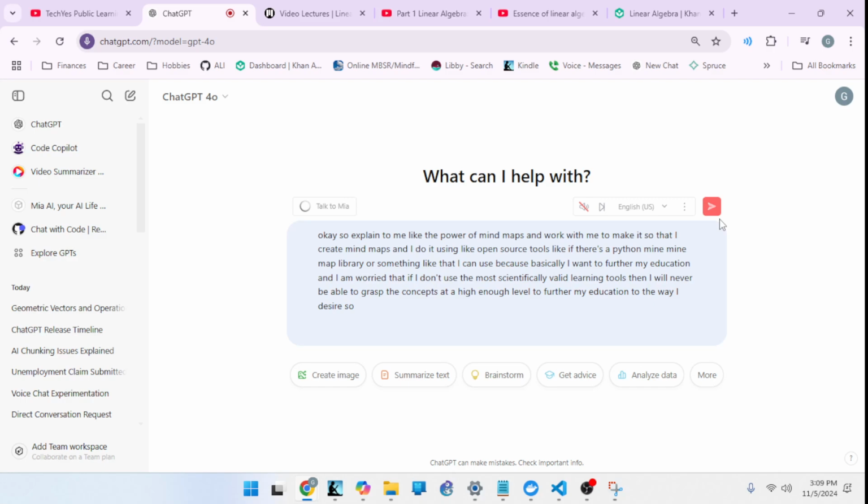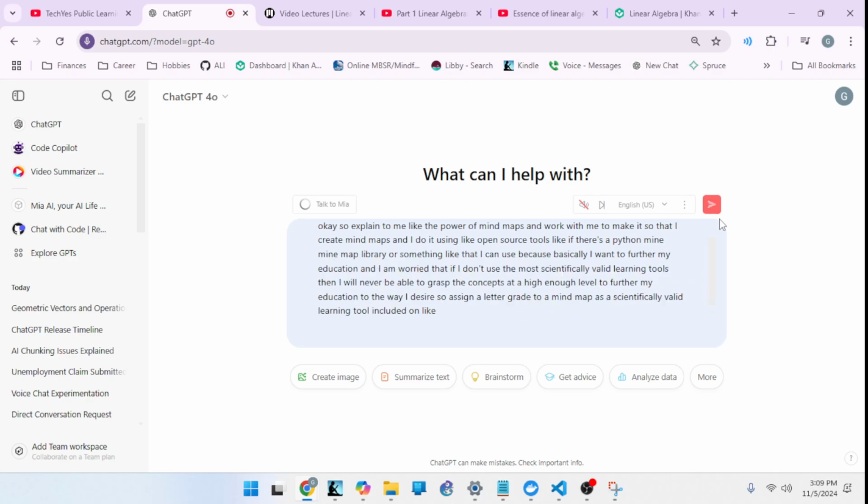So, assign a letter grade to a mind map as a scientifically valid learning tool. Include it on a tier list, like S tier, A tier. Sorry, there are some typos, but it should be clear given the context what I'm saying. I'm talking about a tier list.